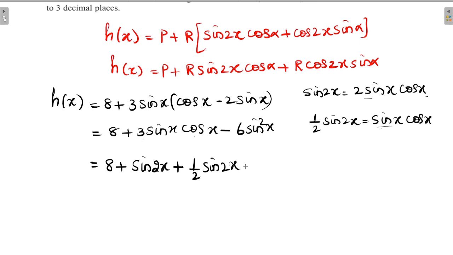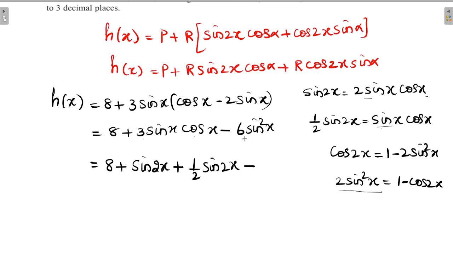Minus, one of the identities we have is cos 2x is equal to 1 minus 2 sin square x. So what is 2 sin square x? 2 sin square x is equal to 1 minus cos 2x. This identity also we can replace here, so 3 into 2 sin square x.